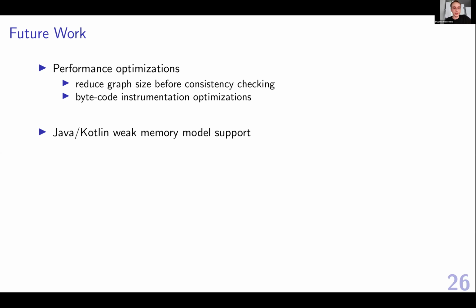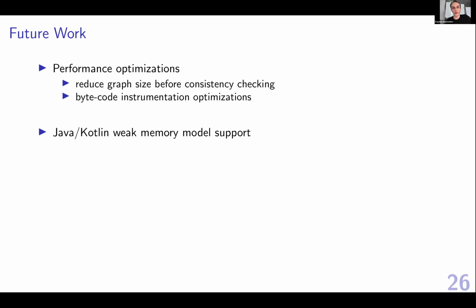Next, another big feature that we want to implement is that now that we have this cool algorithm that is already designed with memory model support in mind, we want to implement some abstraction of the Java/Kotlin memory model, not sequential consistency, but the actual memory model.